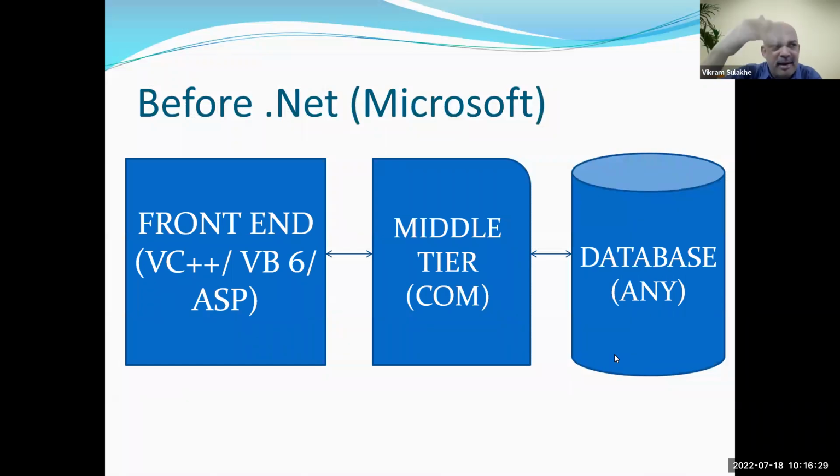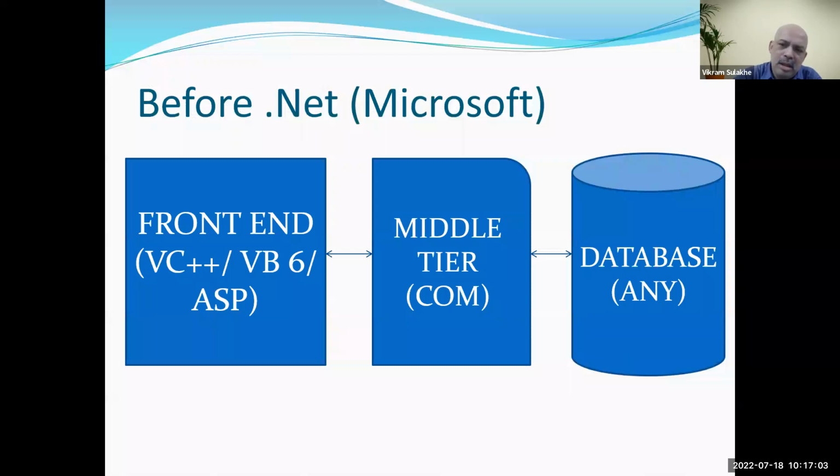There was a certain hierarchy, a certain set of objects that you would be creating, and the entire set of that hierarchy was referred to as a component object model. Any front end that you worked with could interact with any COM application, so COM was the most popular thing you would be working with, because whatever your front end, you would still be working with a COM application. And then, of course, the database could be anything. We're not worried about the database. We are more worried about the front end and the middle tier.